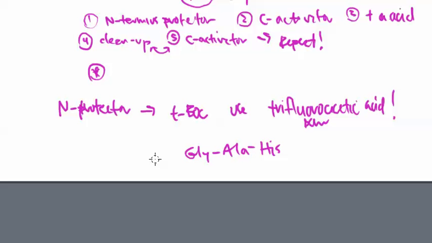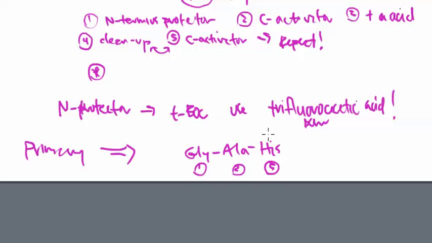Okay, so with that said, in the next video we'll continue on with this idea of what we call primary sequence. That's what this stands for. Primary sequence is basically the order of the amino acids in the actual protein itself.